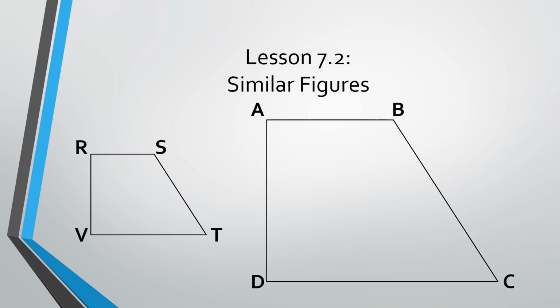Now, here's the question. Are they similar? Let us figure it out by angles. For these trapezoids to be similar, we make sure that all angles are congruent to each other.